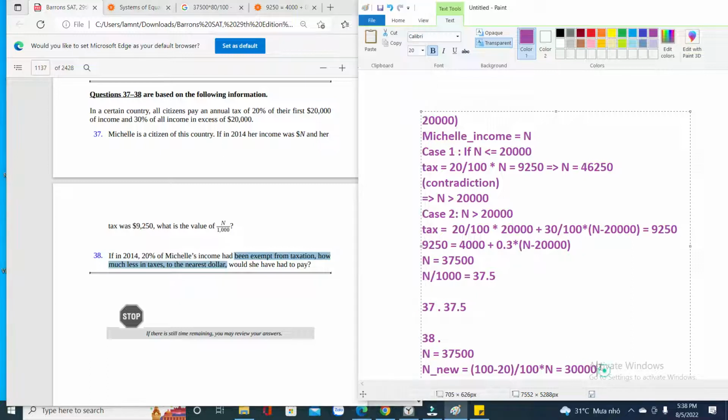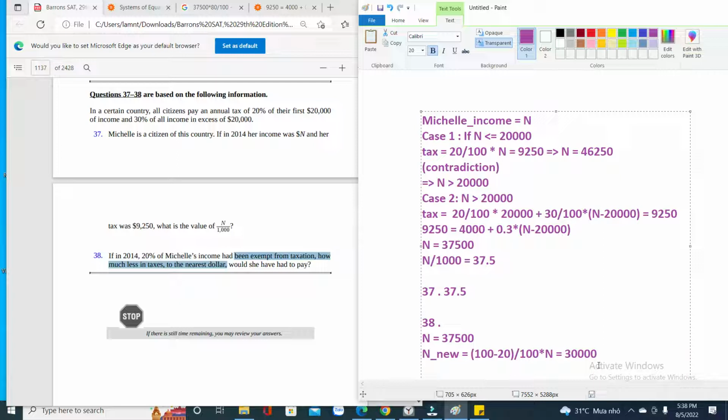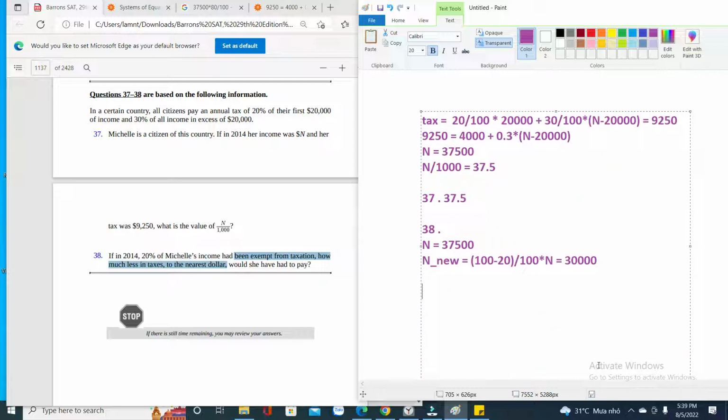Now for taxes, because the new income is still greater than 20,000, the new tax is still 20% of 20,000 plus 30% of 30,000 minus 20,000, which is just 10,000.